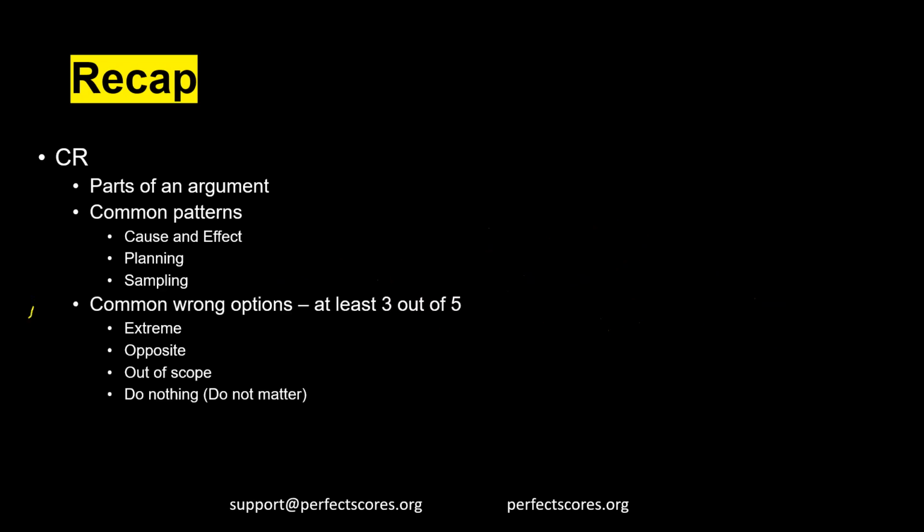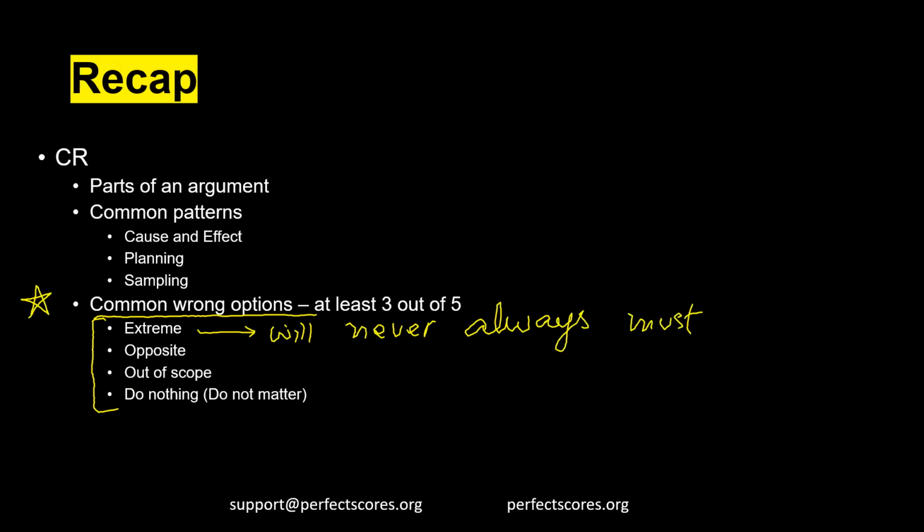And this is something very important that we also discussed last time, the common wrong options that you see. At least 3 out of 5 options for critical reasoning are going to be of these categories, and these are the wrong ones. Any option that uses extreme language, words like will or never or always, or none, or must, any strong words, about 99.9% of the time, those options are wrong.